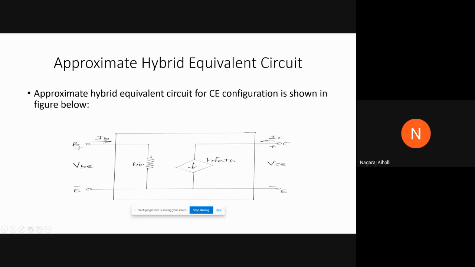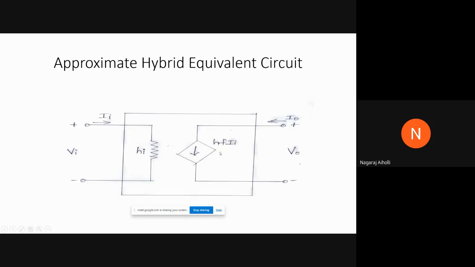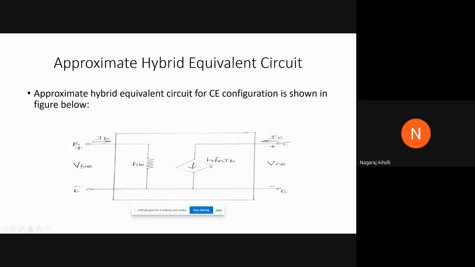Then we have HIE here, as it is common emitter, so HI is taken as HIE, HF becomes HFE, and the input current II is the base current, so this becomes HFE IB. The output voltage is VCE between collector and emitter. Therefore, this is the approximate hybrid equivalent circuit for the common emitter configuration.